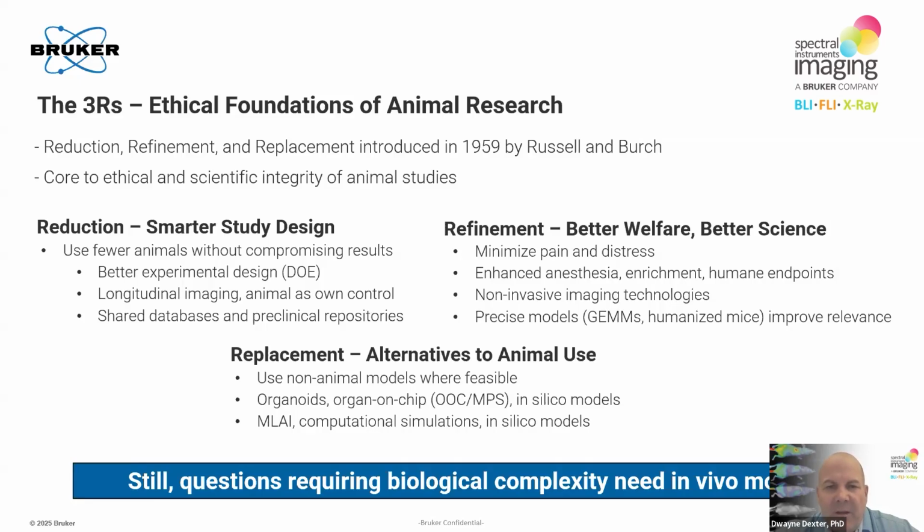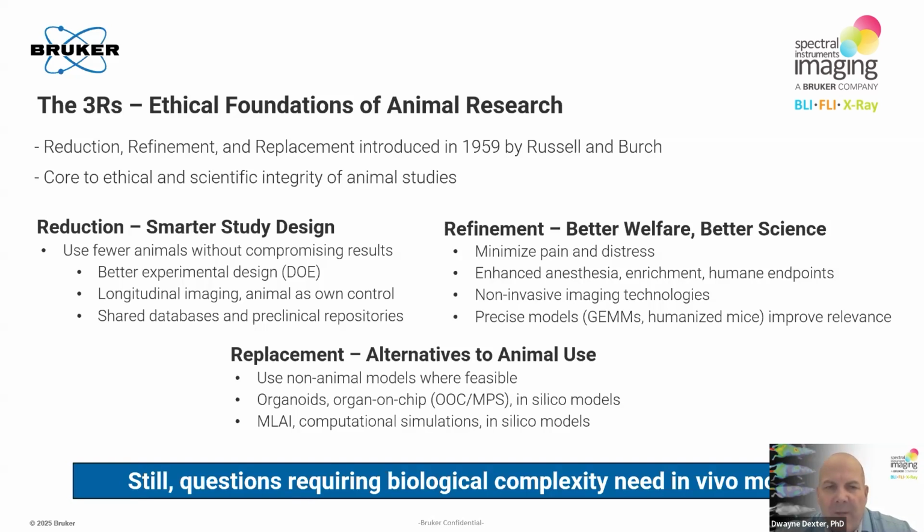Taking advantage of new and improving methods, for instance, for Bruker, utilizing longitudinal imaging across a cohort of animals that are under study. That way you're using the same animals over the life of the study as opposed to using multiple animals in endpoint analysis.